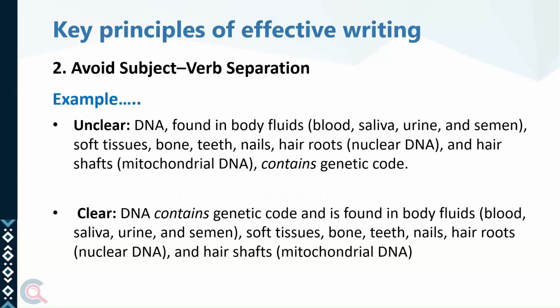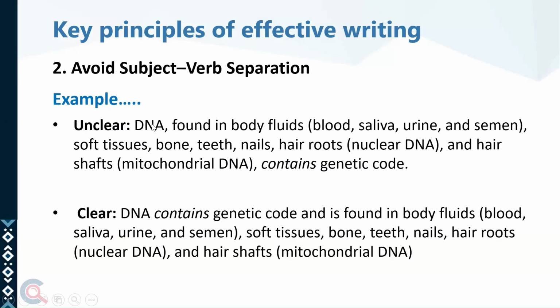In this first sentence, DNA found in body fluids, blood, saliva, urine, and semen, soft tissues, bone, teeth, nails, hair roots, and hair shafts contains genetic code. It is unclear. But if you rather say DNA contains genetic code and is found in body fluids, soft tissues, bone, teeth, nails, and hair shafts, it is clearer. Contains is the verb.